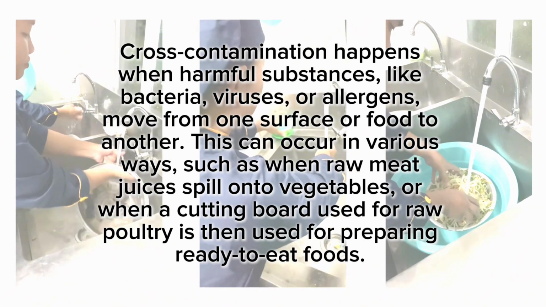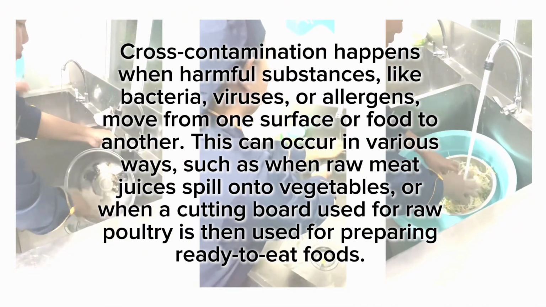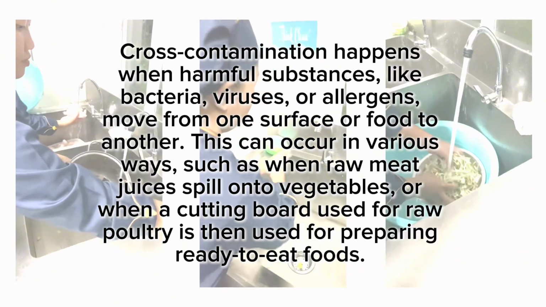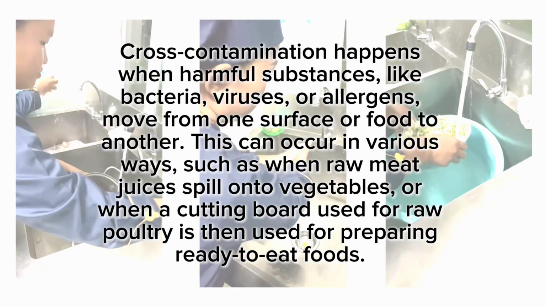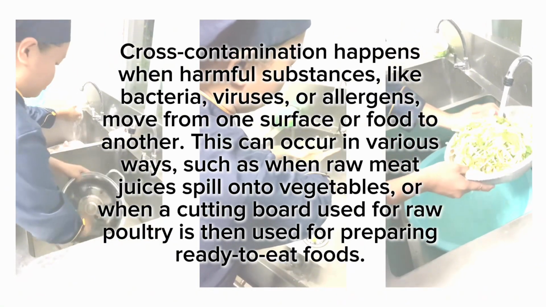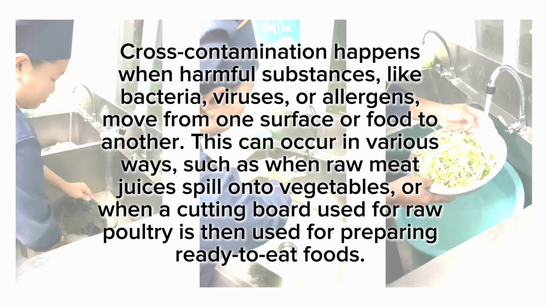C. What is your script outline? Cross-contamination happens when harmful substances like bacteria, viruses, or allergens move from one surface or food to another. This can occur in various ways, such as when raw meat juices spill onto vegetables, or when a cutting board used for raw poultry is then used for preparing ready-to-eat foods.